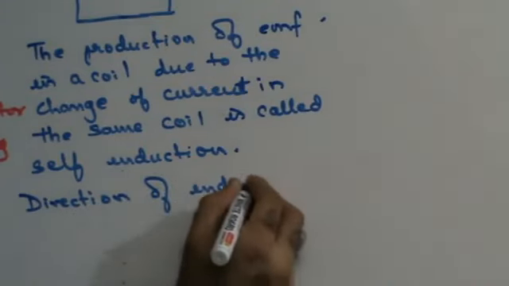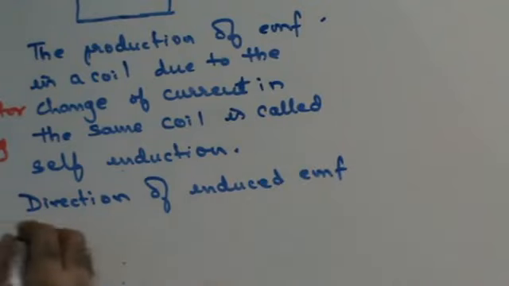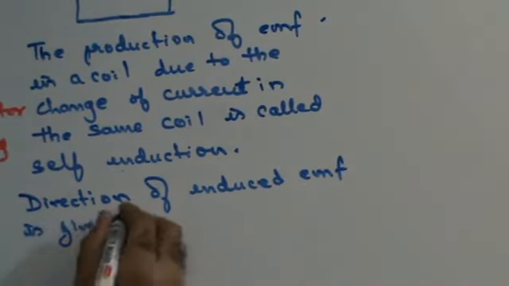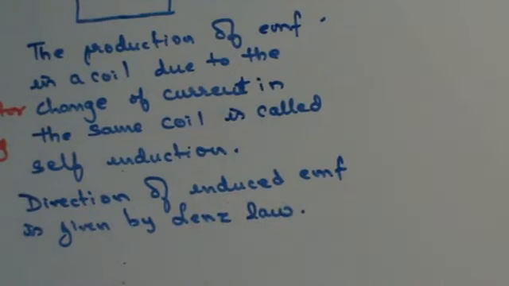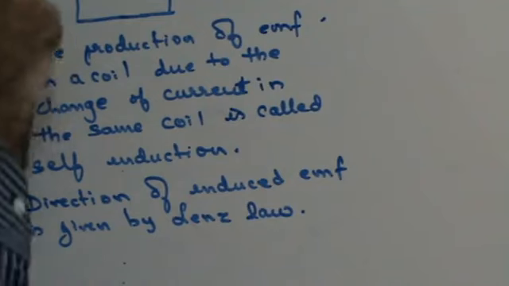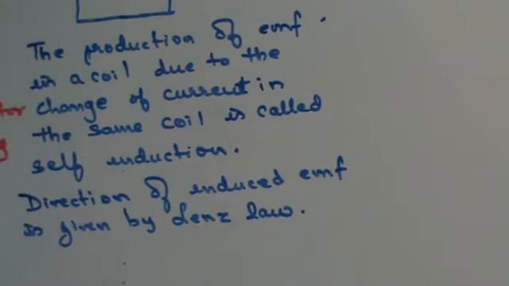Thus, if I close the switch, current will flow in a particular direction, and the direction of the EMF induced in this case will be such that it will oppose the increase in current. That is, the induced EMF will be in a direction opposite to the applied voltage.